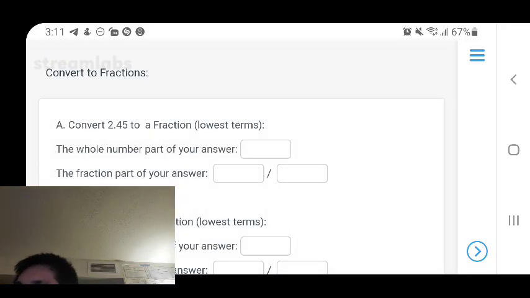Number 21. It's not 9 plus 10. Let's see. Convert 2.45 to a fraction. So that's 245 over 100.